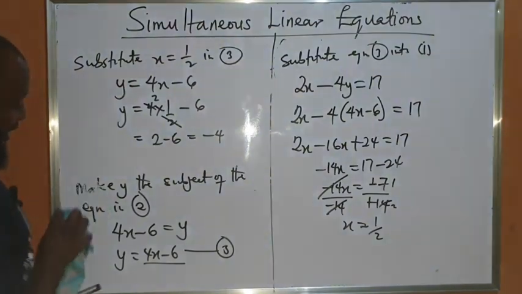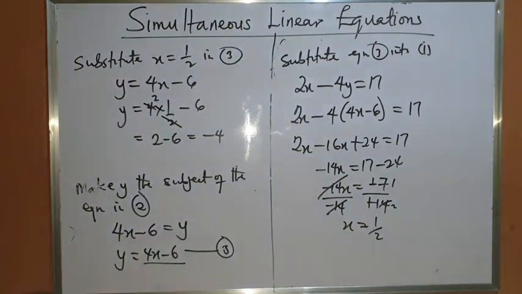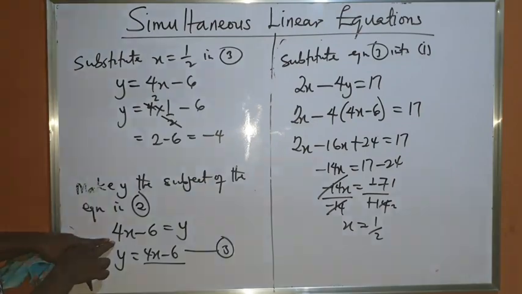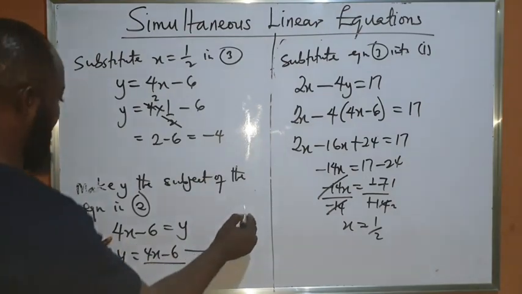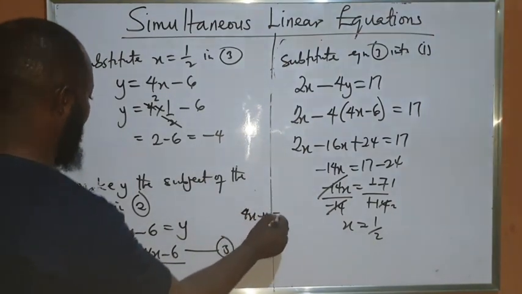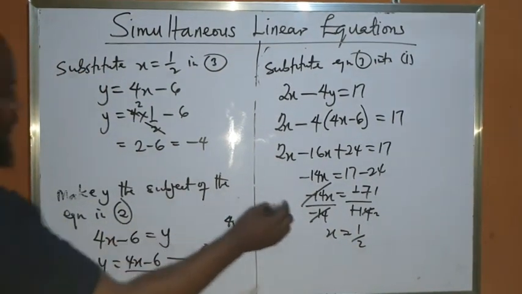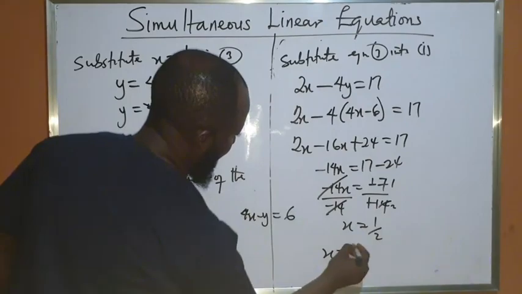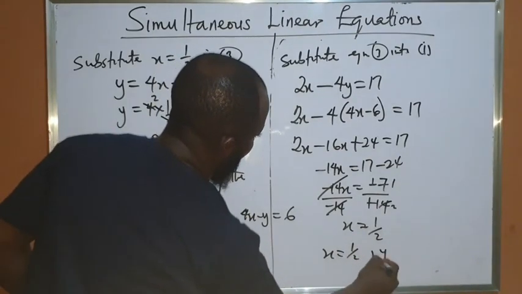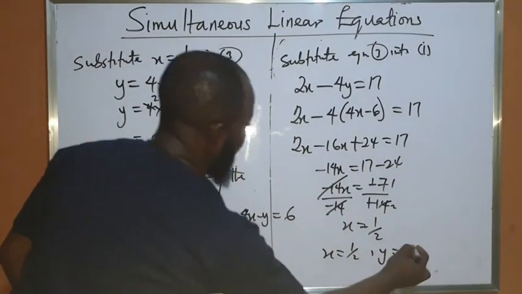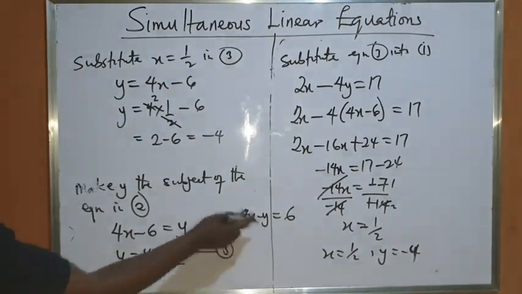So we can as well check if our answer is correct or not. Don't forget, we can check it in equation 2 here. And equation 2 is 4x minus y equals 6. Which means the value of x is half when y is minus 4. So let's check for it. We want to see if we're going to get this or not.